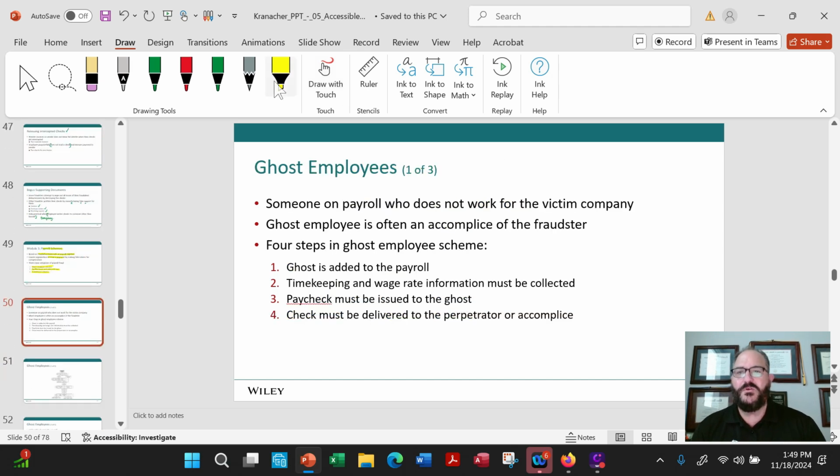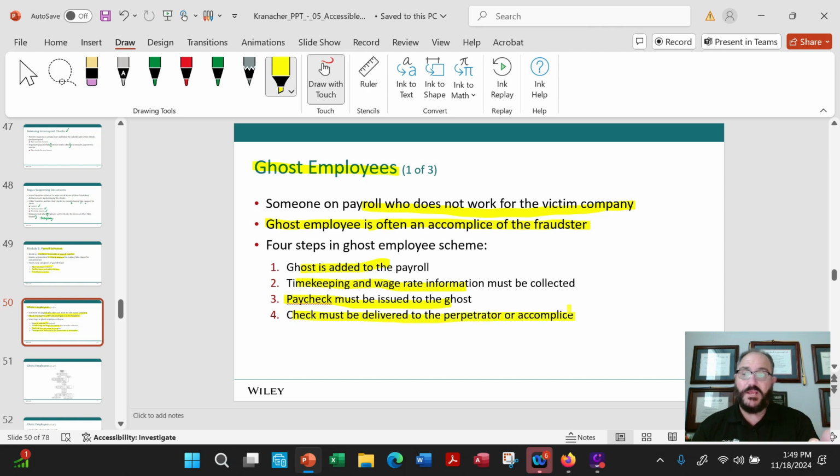So, ghost employees. You may have heard of this, depending upon what you do. Ghost employees are people on the payroll who don't work for the company. They're often set up as an accomplice of the fraudster, so they're usually somebody real who just doesn't do any work. They're added to the payroll, somebody's keeping their information, and the paycheck is issued to the ghost and then delivered to whoever they are.